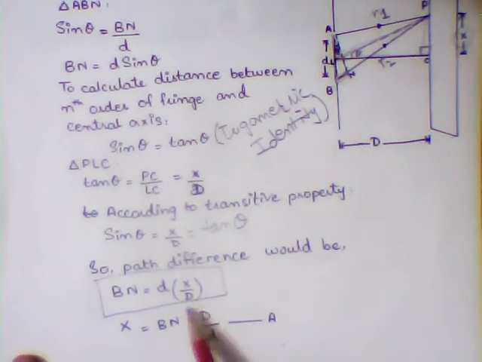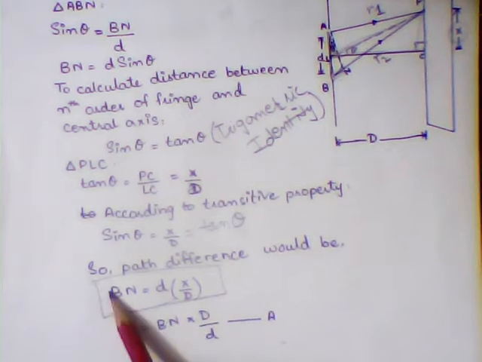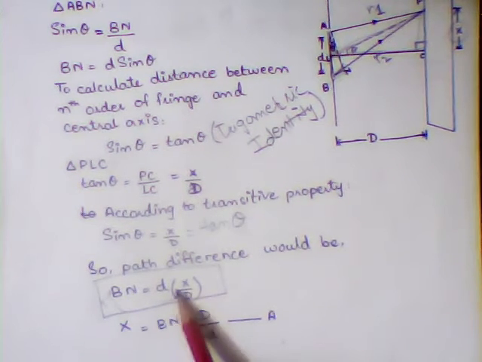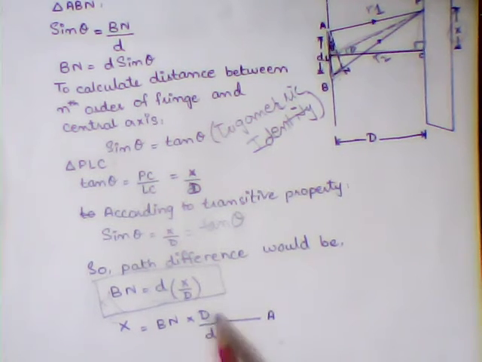Doing simple mathematics, capital D which is in the division goes to multiplication, and small d which is in multiplication goes to division. So the equation becomes x equals Bn into capital D over small d. This is our equation A.